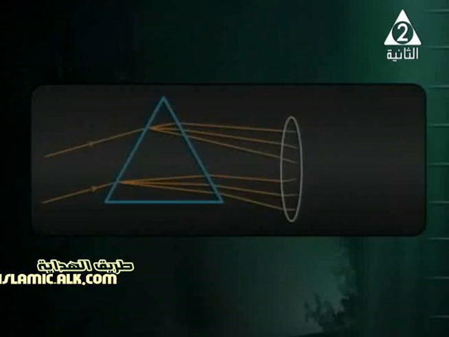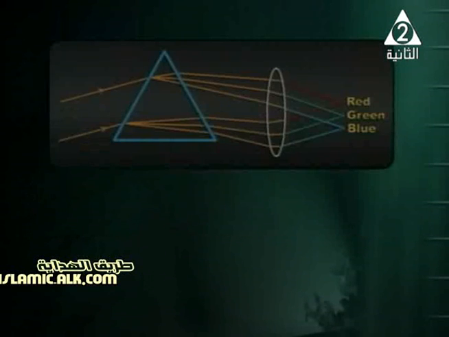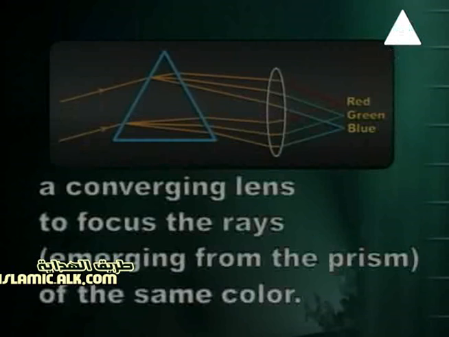The prism disperses light and colors appear. Still we need something. We need a lens to focus lights of the same color. We need a converging lens to focus the rays of the same color emerging from the prism.